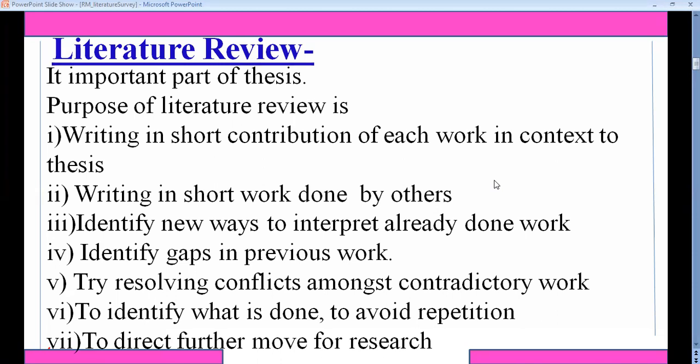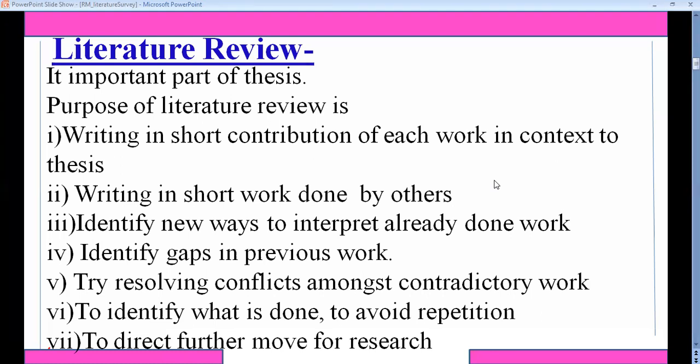And please note that almost all theses include the introduction and literature survey. So it is a very important and crucial part in the thesis. When I review any thesis, I also see the literature survey. So it is so important.